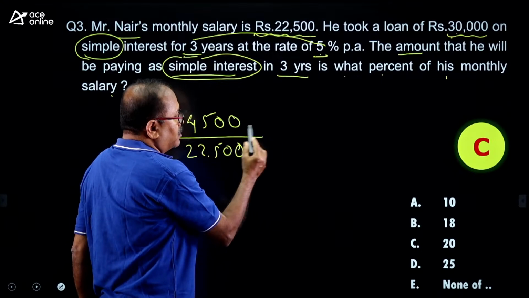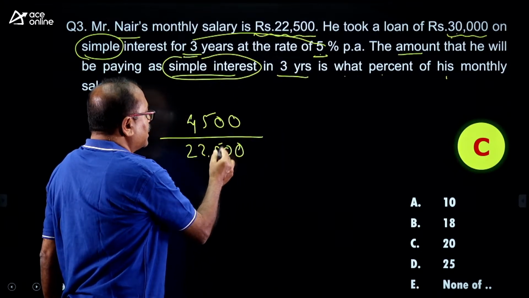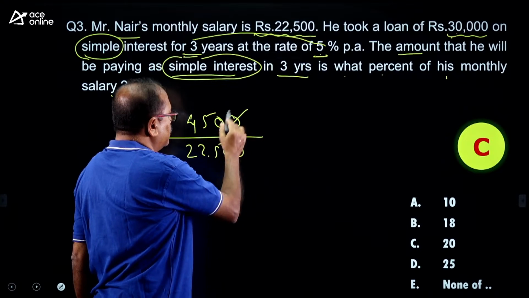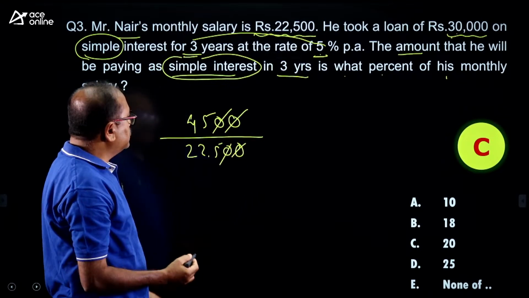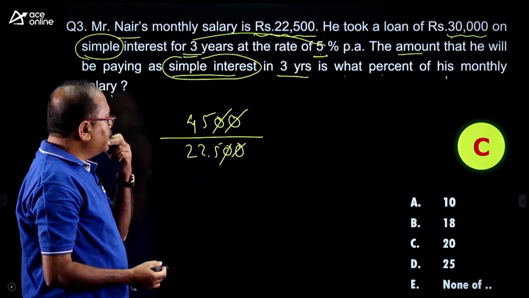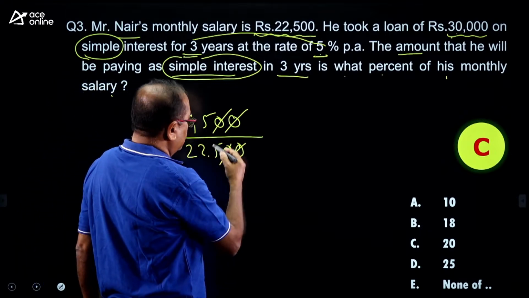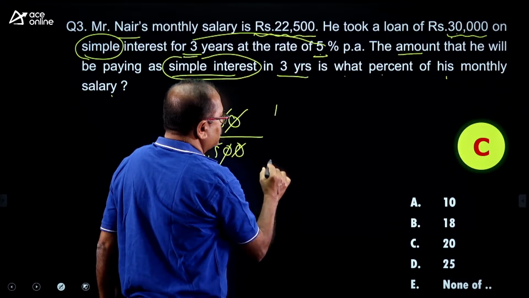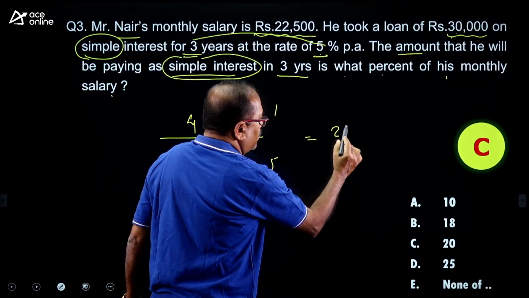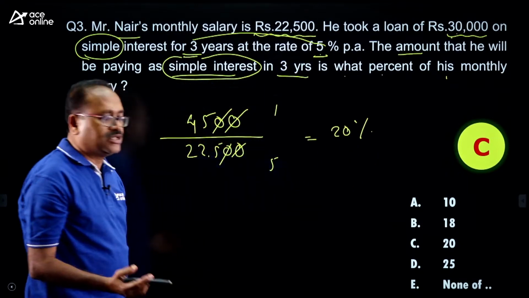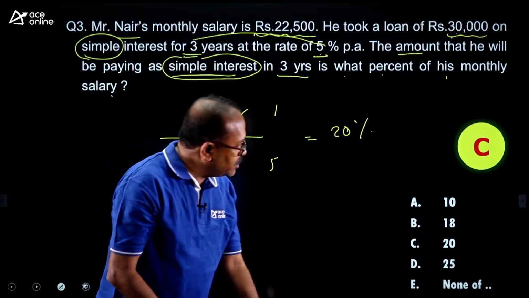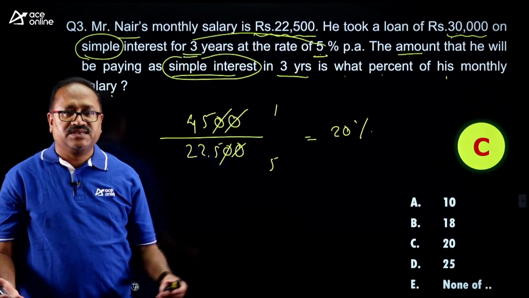So you can go for into 100 or start cancelling this one, and you notice that this gets cancelled, and with 45, that's 9 into 5, and that's 1 by 5. I notice that this is 1 by 5, and 1 by 5 is 20%. That's all. 20%, option choice C.